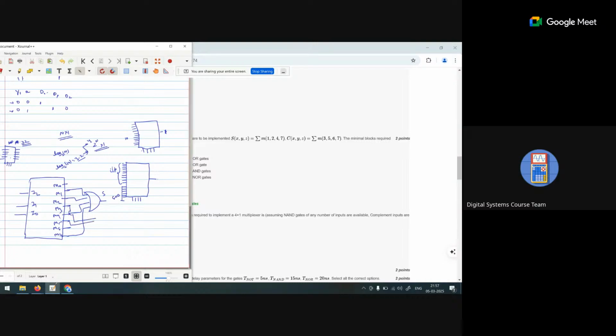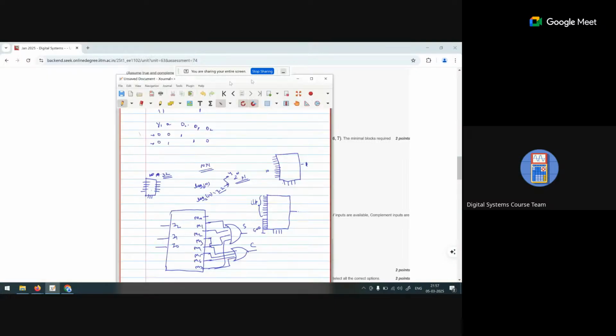Take an OR gate on this one. So one 3 cross 8 decoder and 2 OR gates are required.